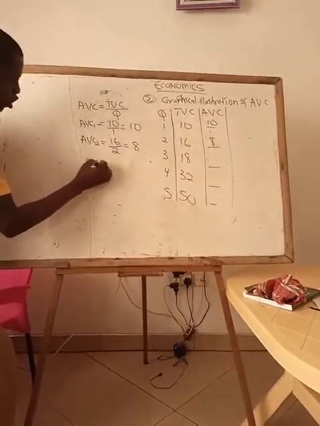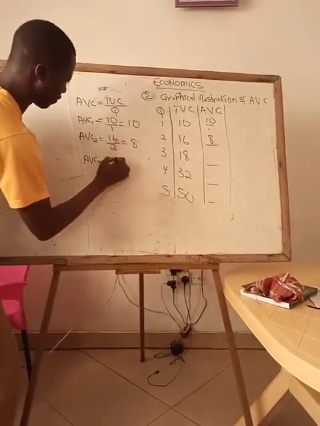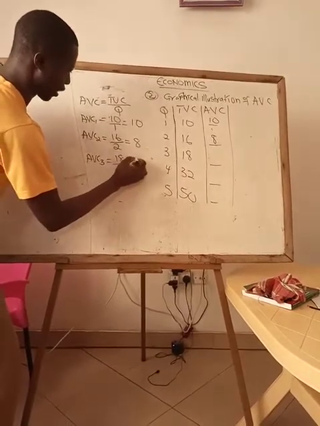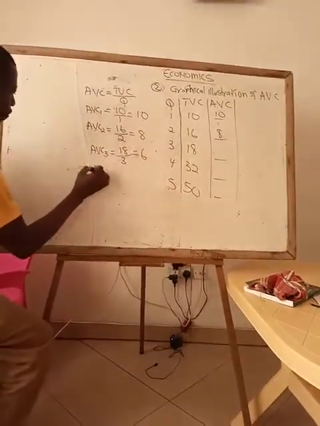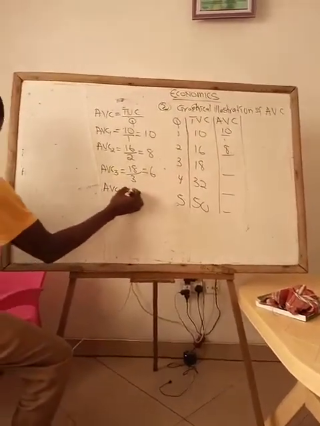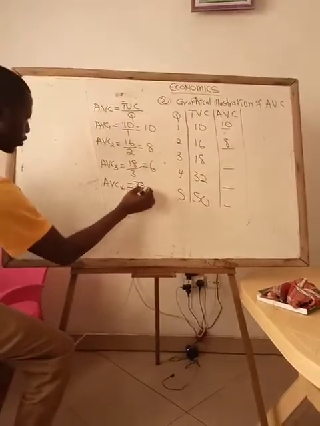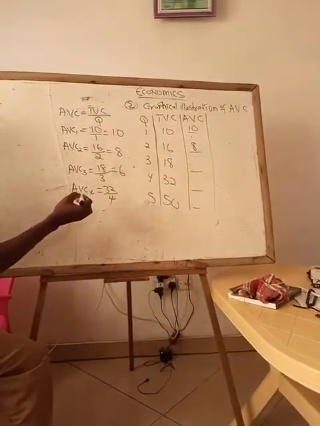Average variable cost when output is 3 will be equals to 18 divided by 3. So we have 6 there. Average variable cost when output is 4 will be equals to 32 divided by 4, which is going to give us 8.